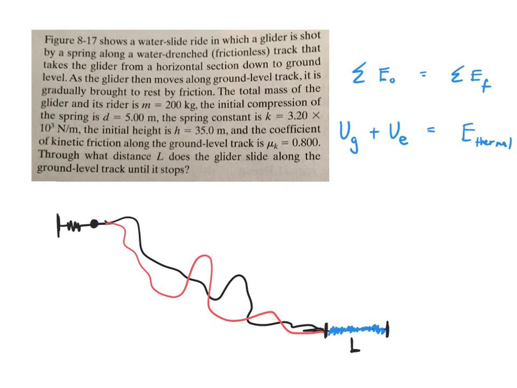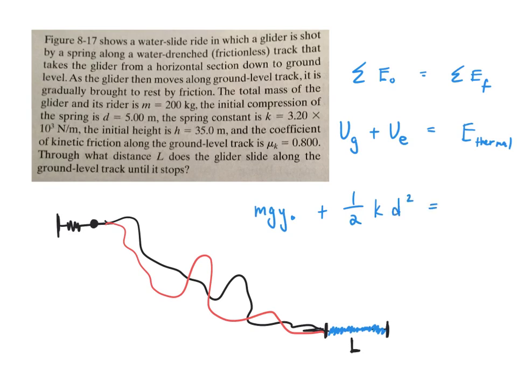So we want to figure out this length L. That's our goal. Let's see what we've got. We've got potential energy in the beginning due to height, and I'm going to write that. We've got potential energy in the beginning due to the spring. I'm going to use D here because they give it as D in the problem.